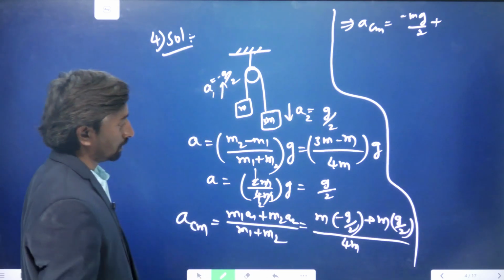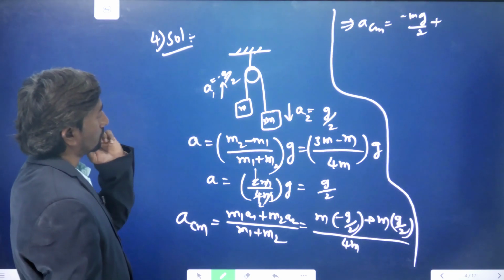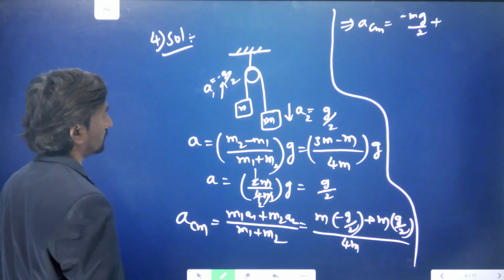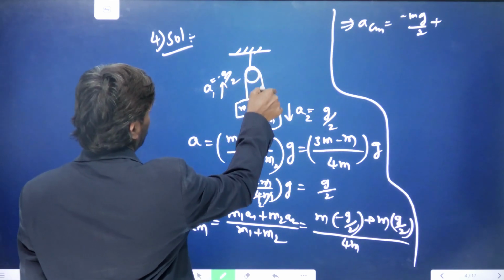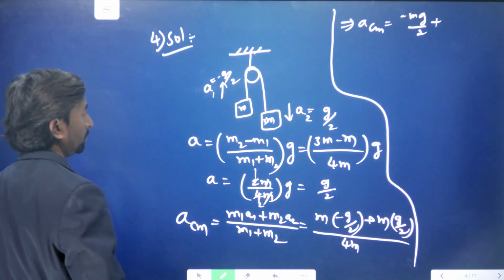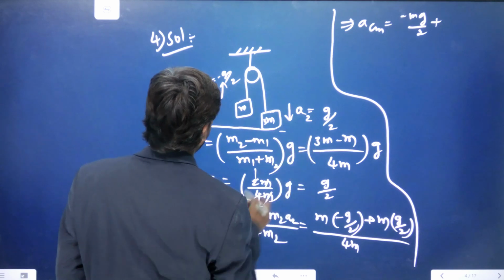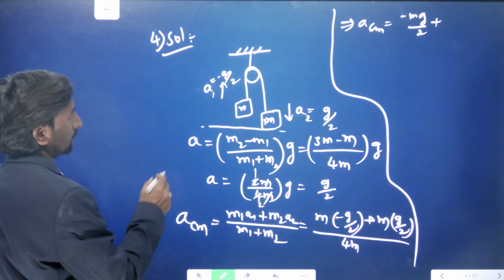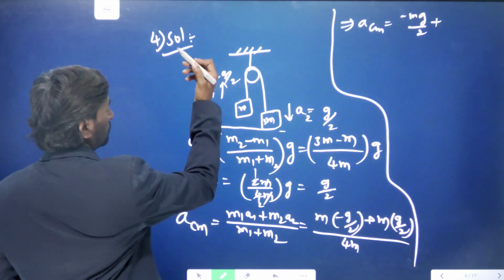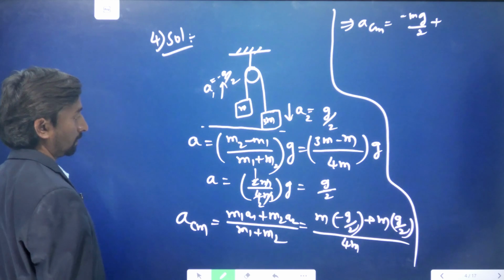So here we can see this is moving upwards and this is moving downwards. Here we will consider the origin, suppose we consider here the origin, the mean position. So it can be taken as positive along the positive y-axis, and this is a positive or negative x-axis we can write now here.